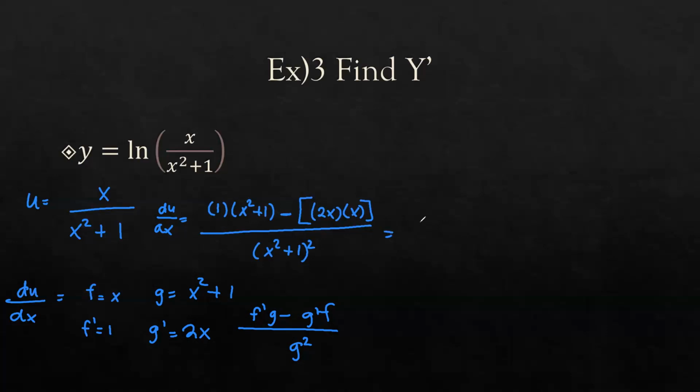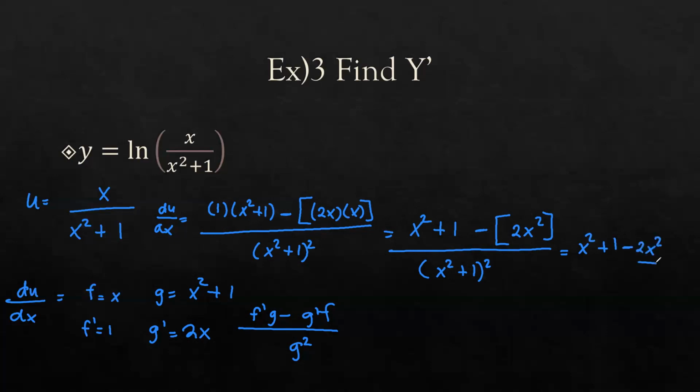So this is going to be x squared plus 1 minus bracket 2x times x is 2x squared, over x squared plus 1 squared.